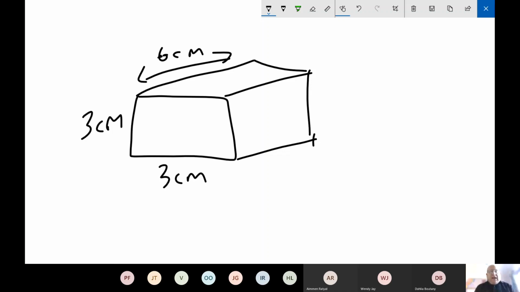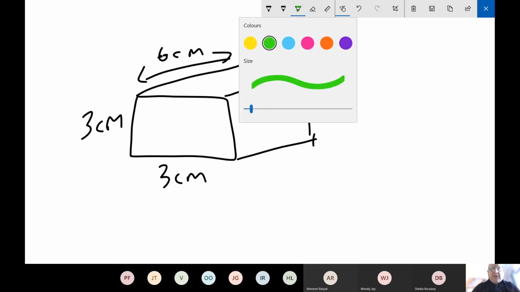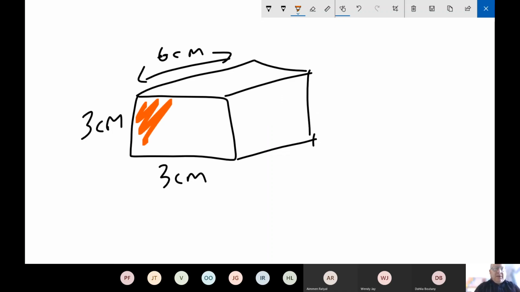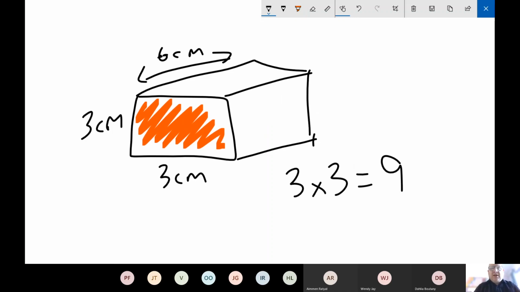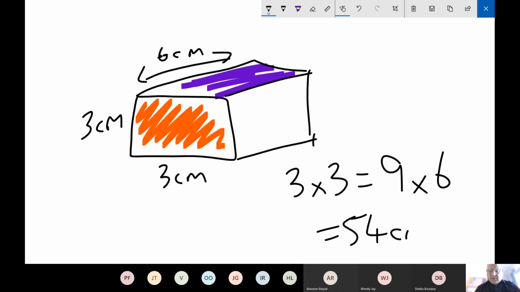So the calculation is you multiply all the sides together, but one way to remember it might be to work out the area of this flat shape at the end, which, as we've said, is just one side times the other, which equals 9. And once I've worked out the flat shape at the end, I'm going to multiply it by how far this item goes back. We know that's 6 centimeters, so we times it by 6, which gives us 54 centimeters cubed.